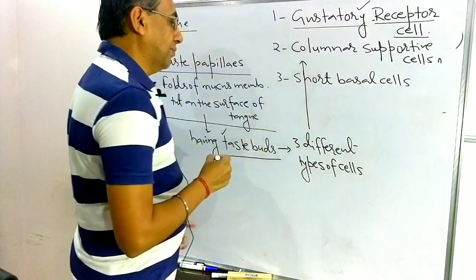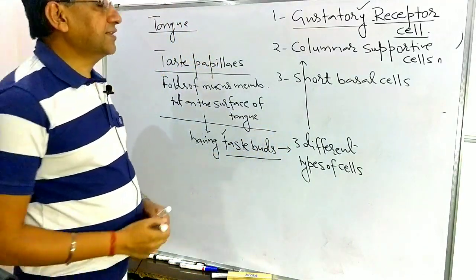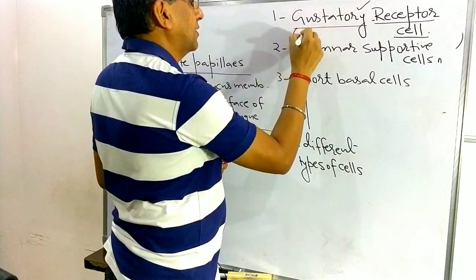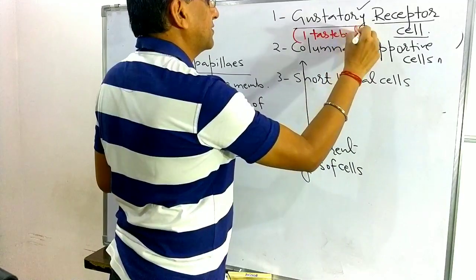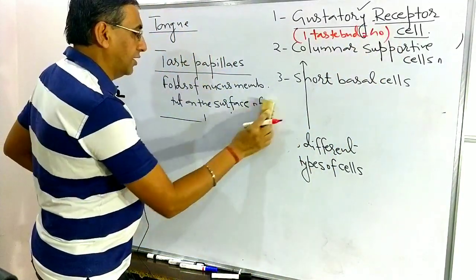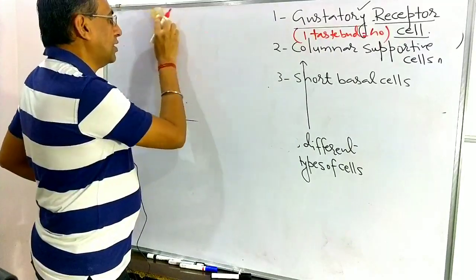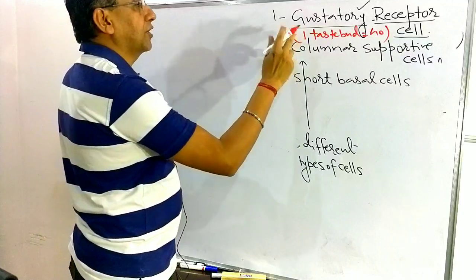The number of gustatory receptor cells in one taste bud is about 40. And now be careful. In the olfactory epithelium we discussed that olfactory receptor cells are bipolar neurons.